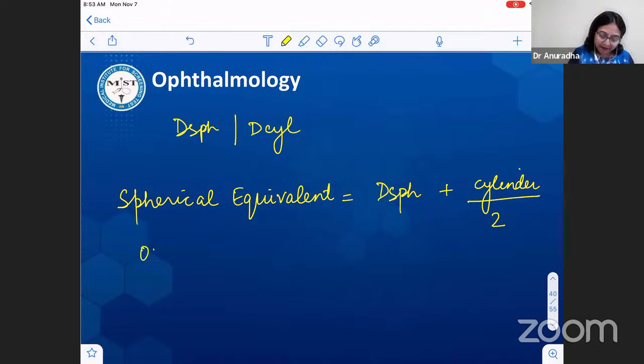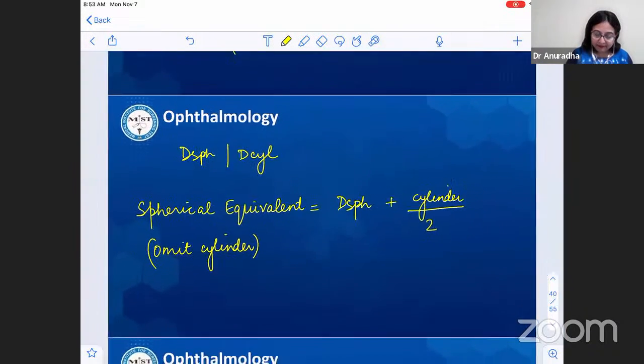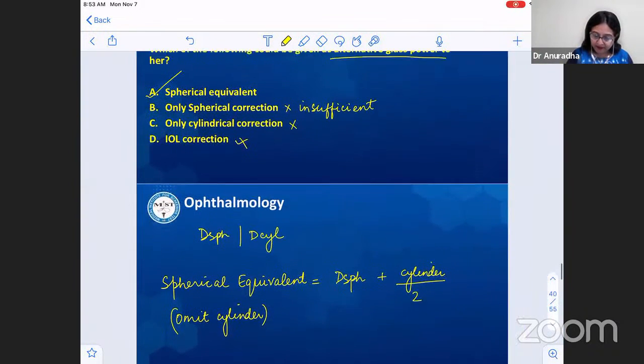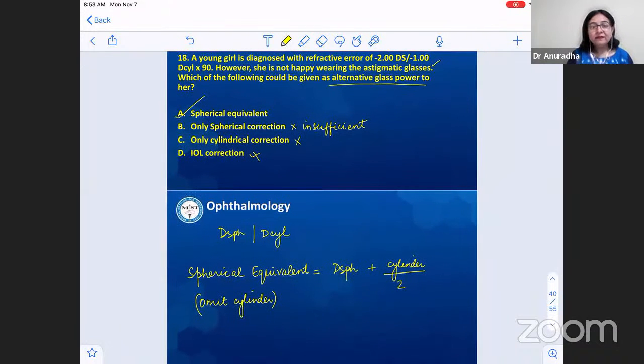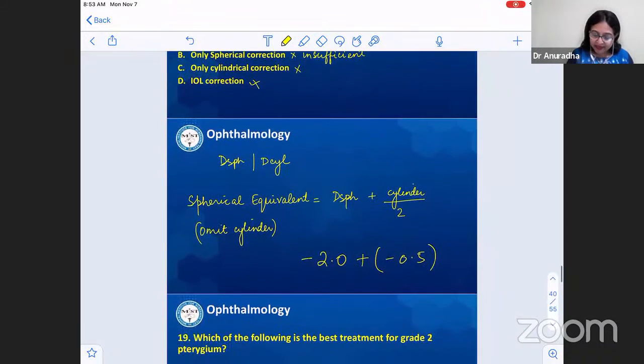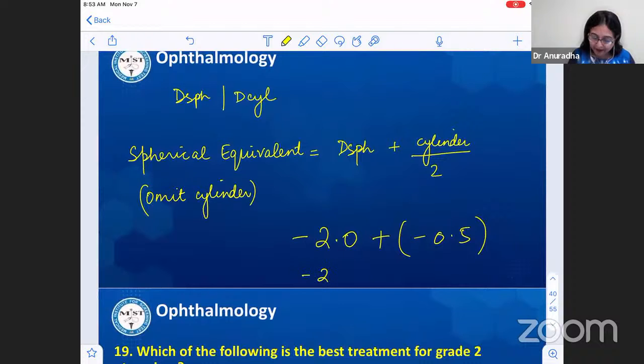So I will omit the cylinder by doing this. In this example, beta, we have -2 diopter sphere, so I will give her the complete -2 diopter. Then I have to give half of the cylinder, so half of the cylinder will become -0.5. And the spherical equivalent in this case will become -2.5. So you get that, beta?